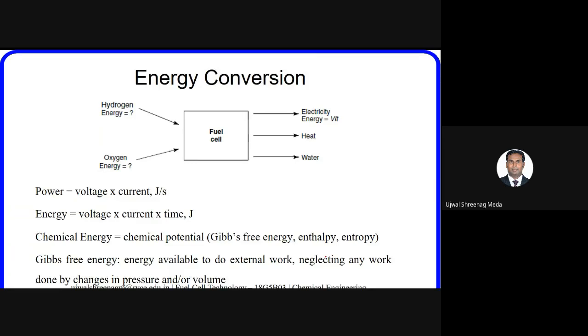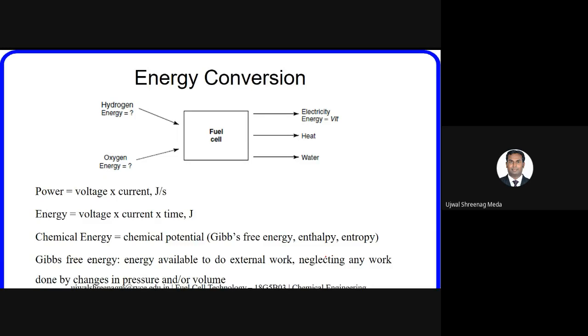One is a usable form, another one is a non-usable form, meaning if you try to extract the energy from a chemical substance, you cannot completely utilize all the energy that is present in that substance. So some energy will always be lost. So the non-usable part of energy is entropy. The usable part is Gibbs free energy.